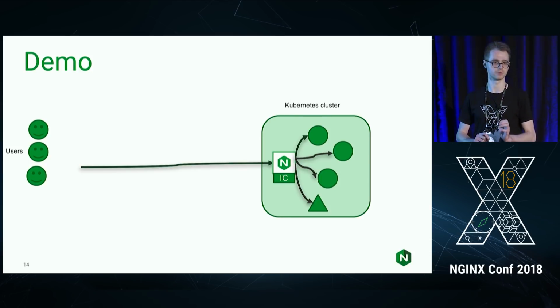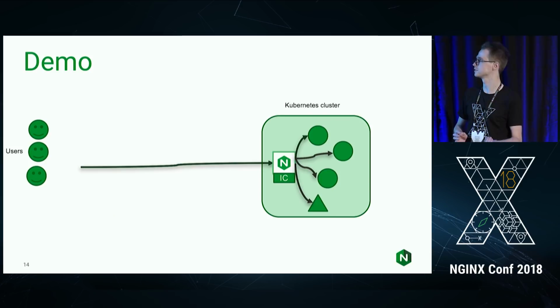So what will we have? We will have a Kubernetes cluster with 3 circle pods and 1 triangle pod. We will have an NGINX Ingress Controller pod deployed inside the cluster that will route requests to our circles and triangles.